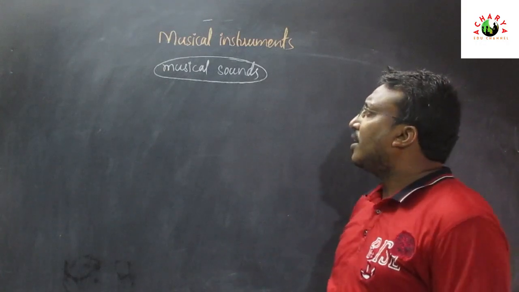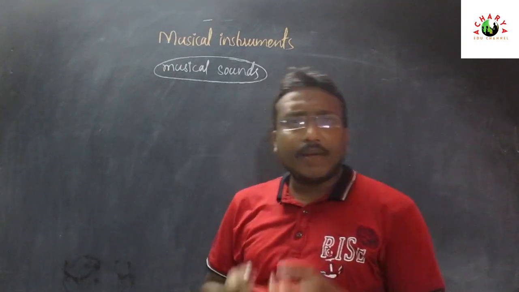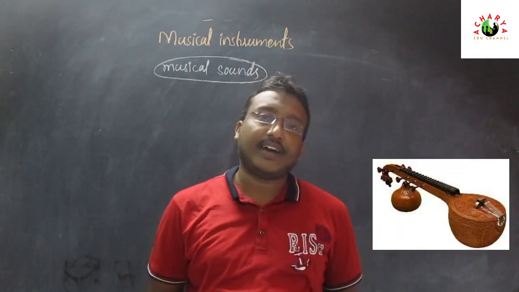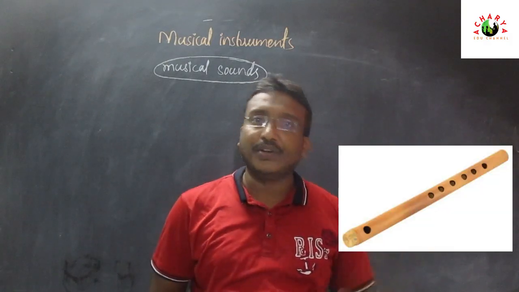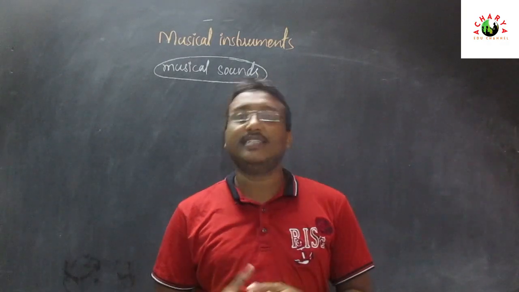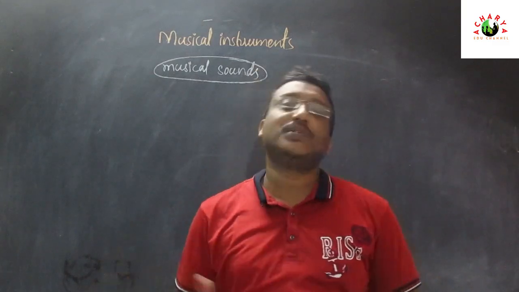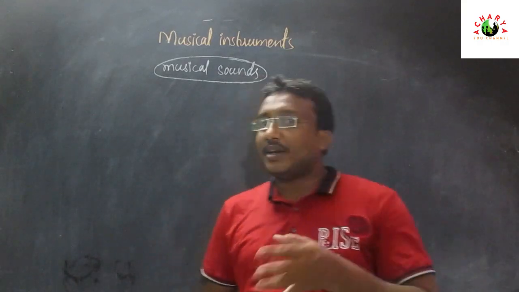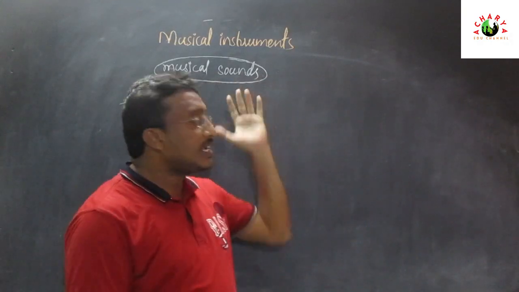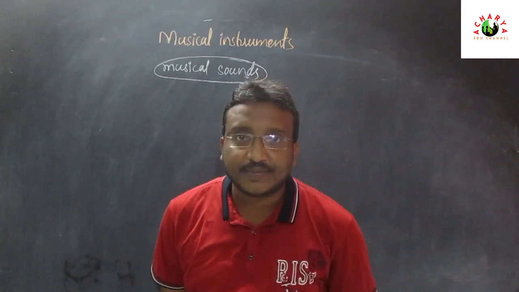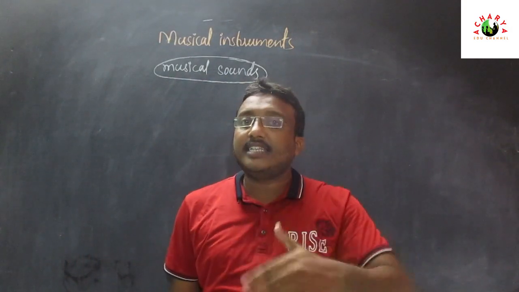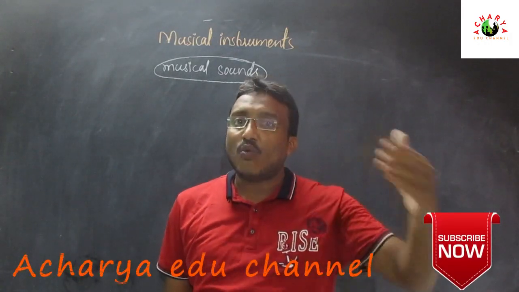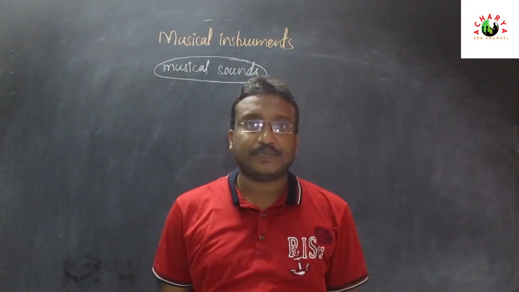You might have observed many musical instruments like tabla, veena, guitar, flute, drum, violin, harmonium, and so on. And the sounds produced by these musical instruments are distinct, so it is easy for us to identify the sounds produced by various musical instruments.